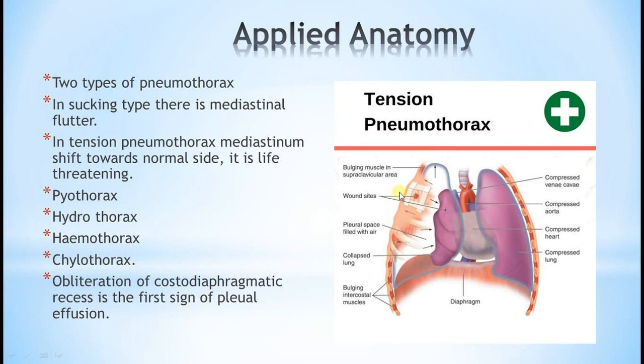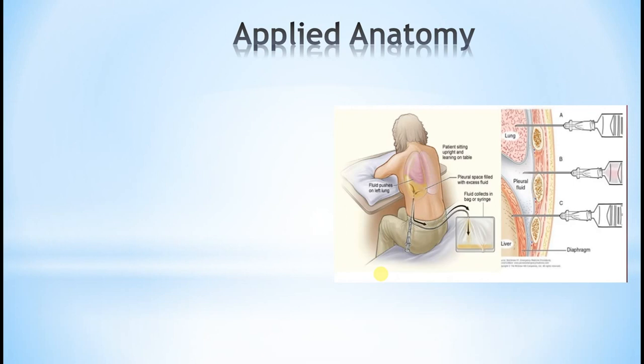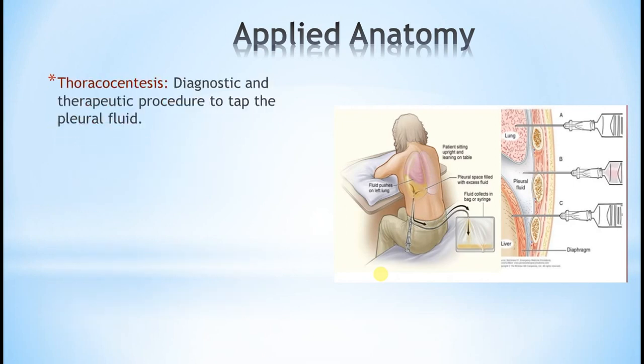Now in any pleural effusion, the costodiaphragmatic recess will get obliterated, so you won't be able to see the costodiaphragmatic recess. In case of pleural effusion, draining of the pleura is done by thoracocentesis.